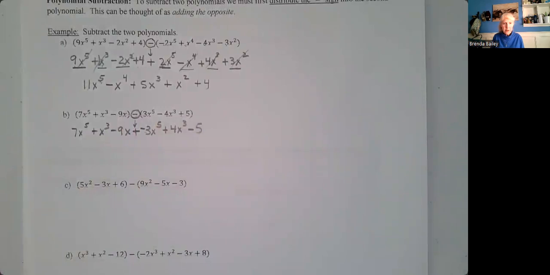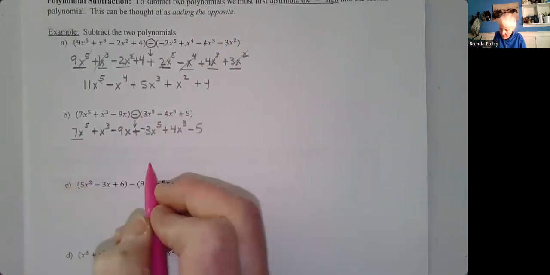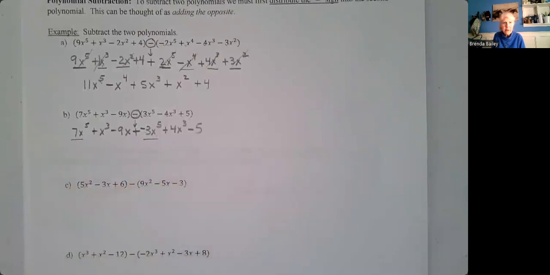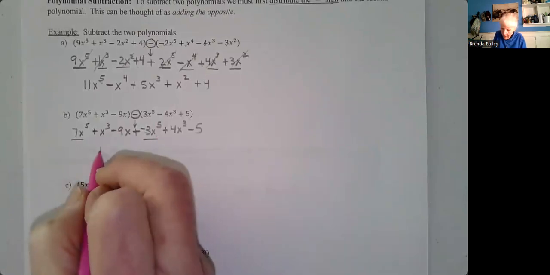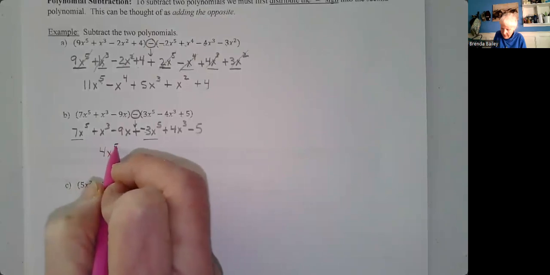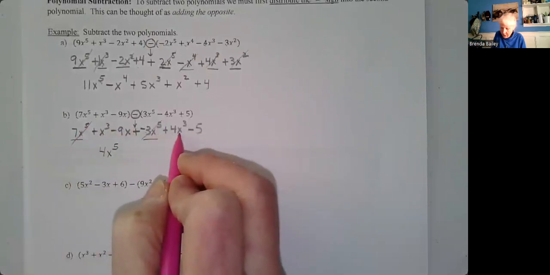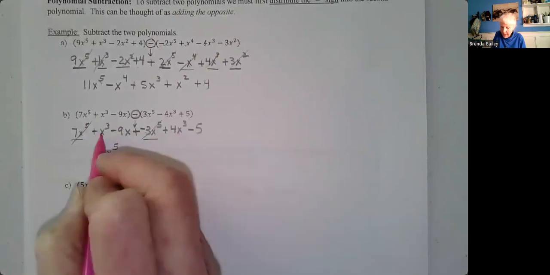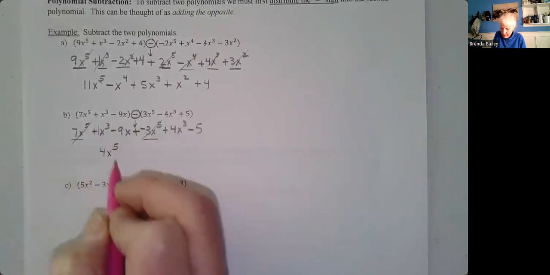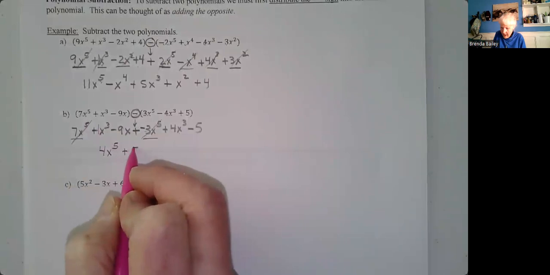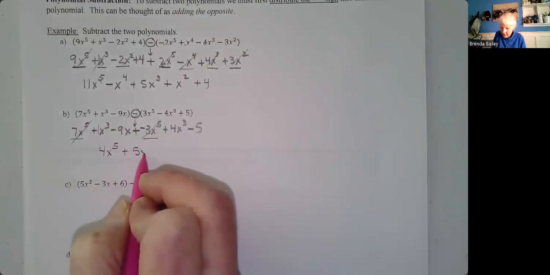Okay, let's go ahead and combine our like terms. 5x to the fifth, negative 3x to the fifth gives us 2x to the fifth. Positive 4x cubed and a 1x cubed gives us 5x cubed.